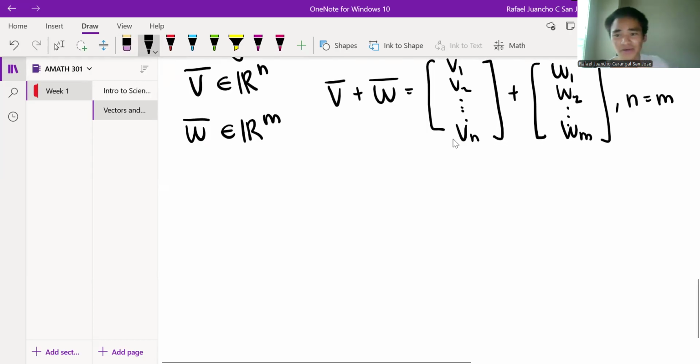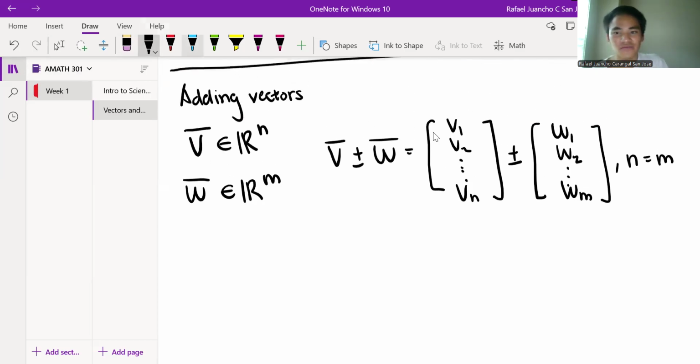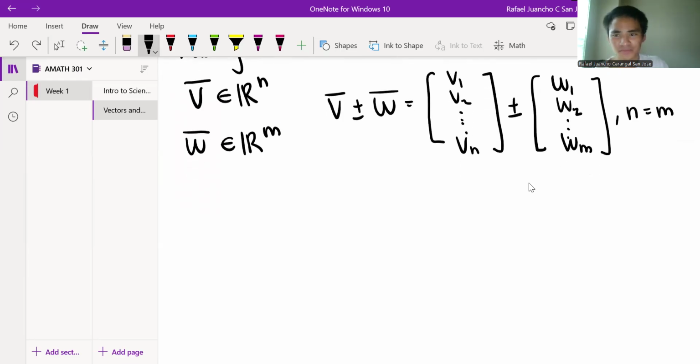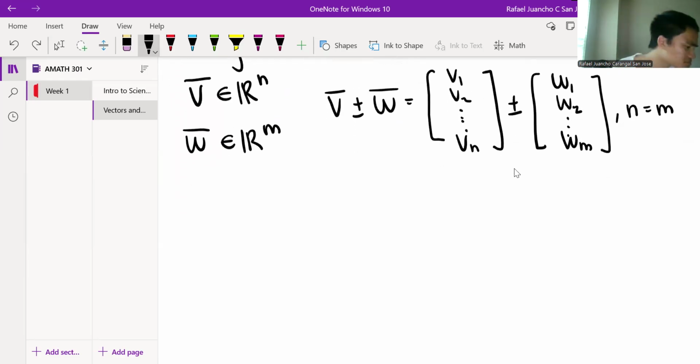Similarly with subtraction, same idea. We're subtracting w1 from v1, so that's v1 minus w1, v2 minus w2. Okay, how about if we add the same vector v together? Well, that's the same idea.